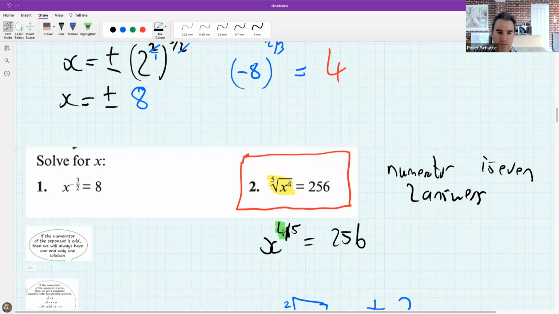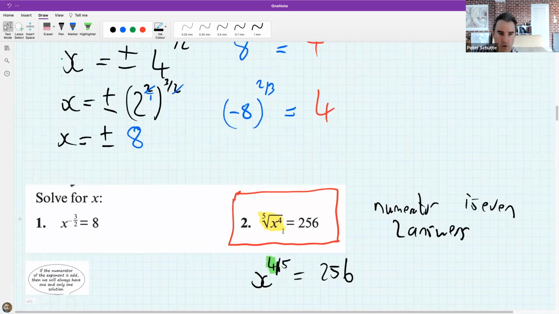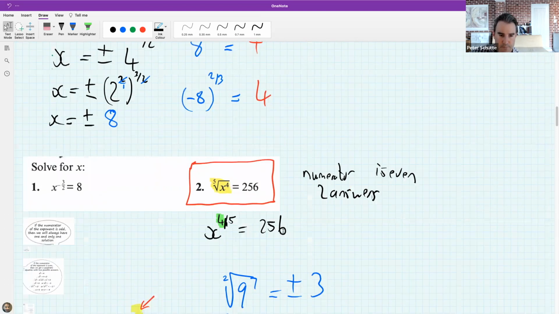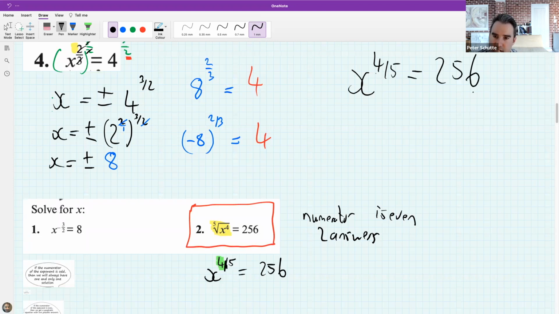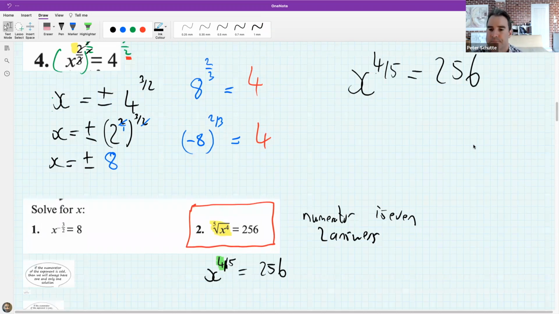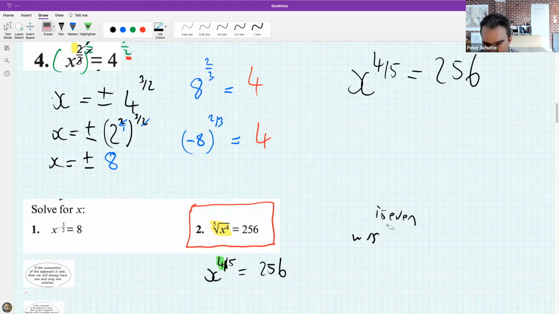See if you can use the method that I was showing you above here. So you've got x to the 4/5 is 256. I want to know what are the two answers to this question. And then we're going to have a well-deserved break.